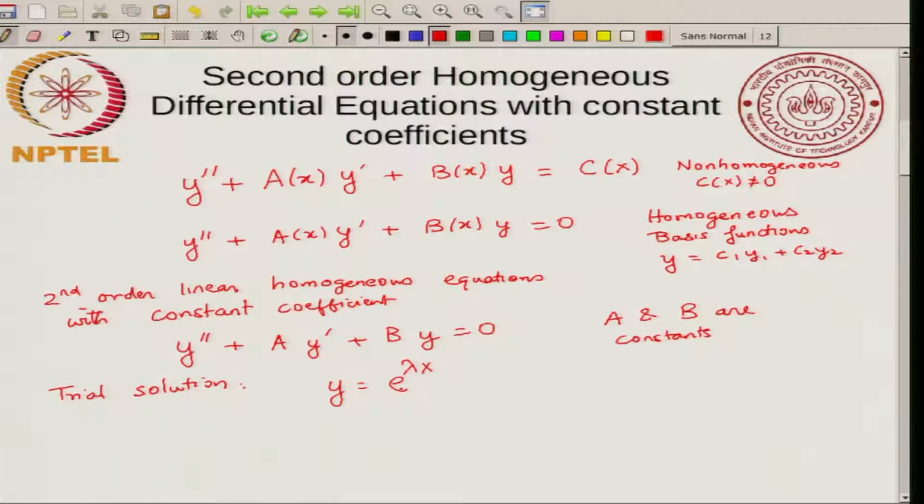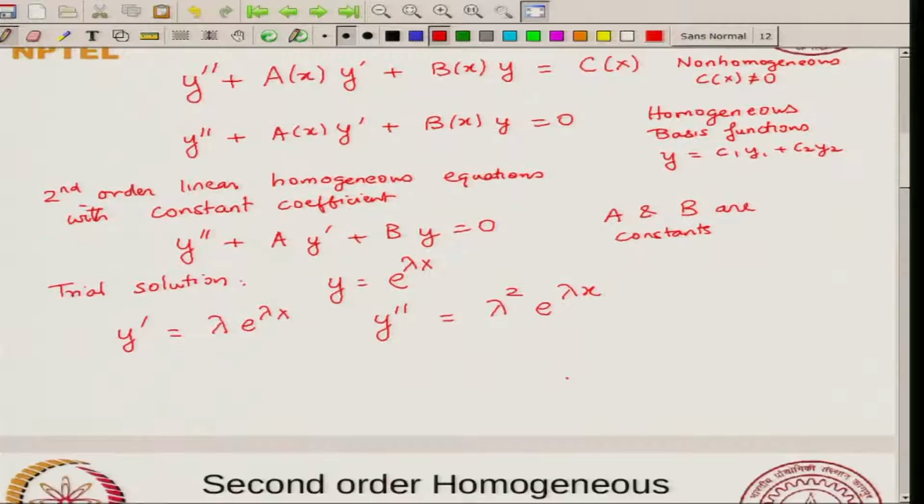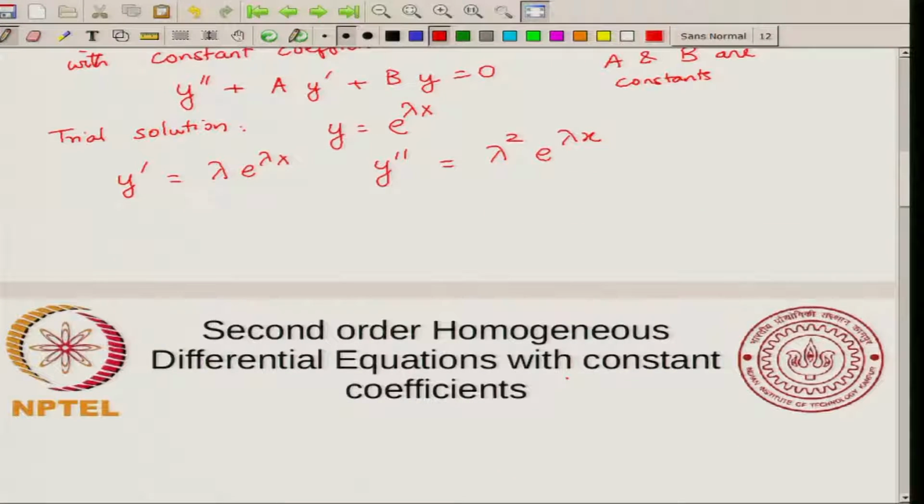So, if y equal to e to the lambda x, then y prime equals lambda times e to the lambda x, and y double prime equals lambda square e to the lambda x. Now, if you substitute these in the differential equation, you get lambda square e to the lambda x plus a lambda e to the lambda x plus b e to the lambda x equal to 0.